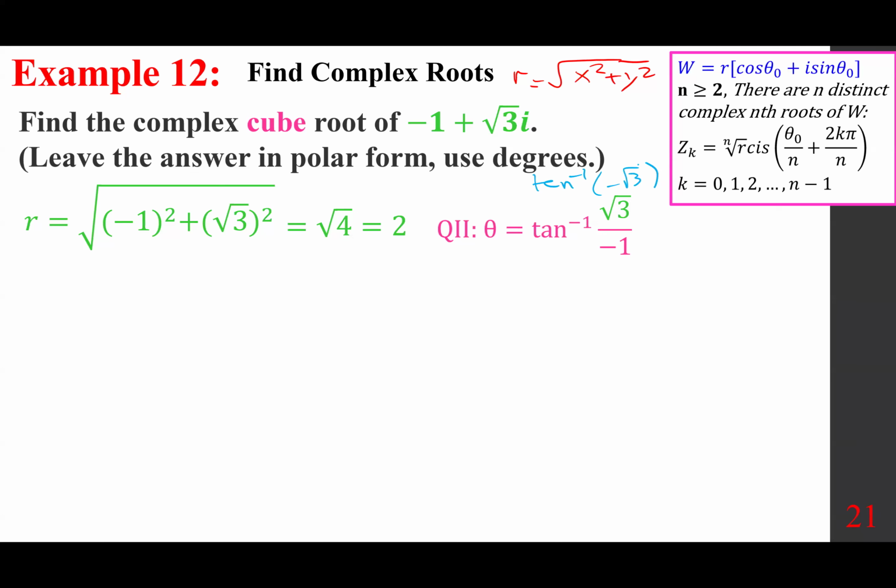Remember, square root of 3 gives you 60 degrees, minus square root of 3 gives you negative 60 degrees if you put it into a calculator. However, quadrant 2, you have to add 180 degrees, or pi. So again, you adjust it for the quadrants. I can't emphasize this enough. You have to figure out what you should do.